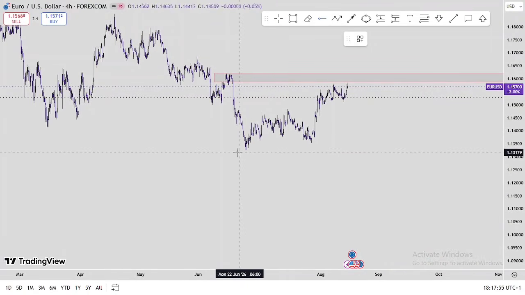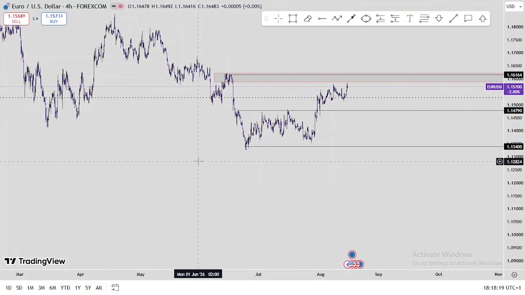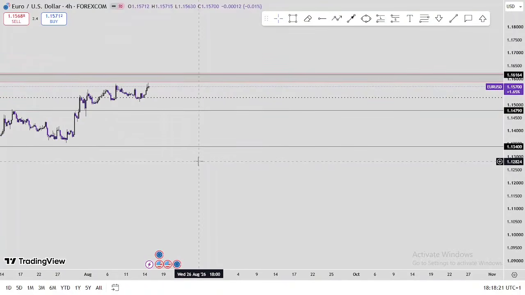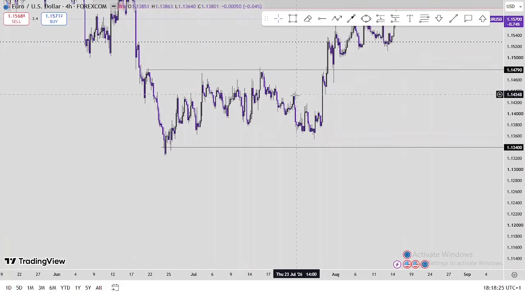Major low here, major low here, and then this area here as our last area that broke this low here. So this, and then I'll now mark out this one too as an internal area of interest.